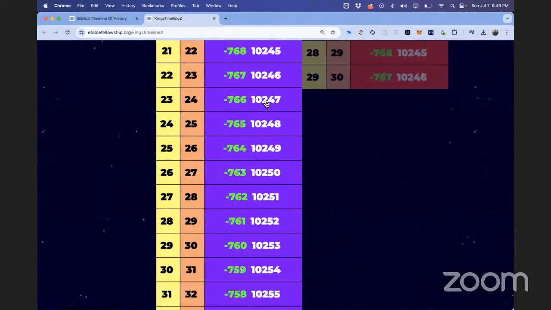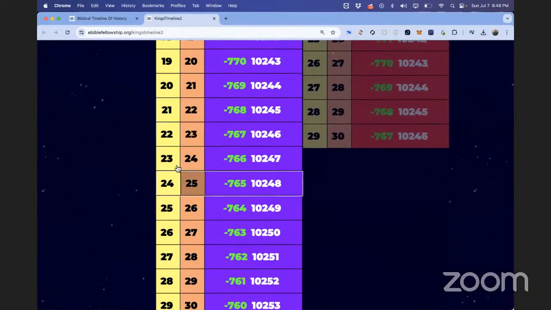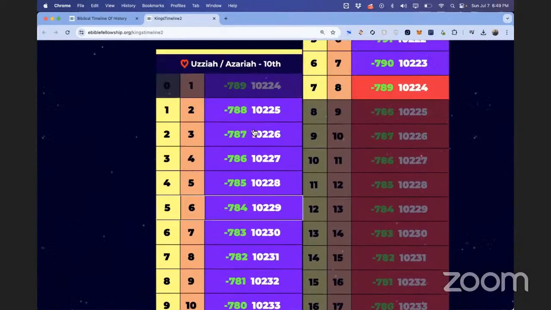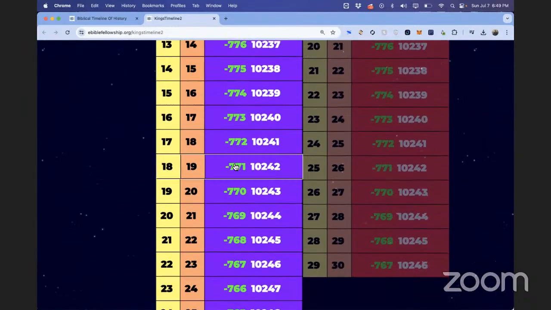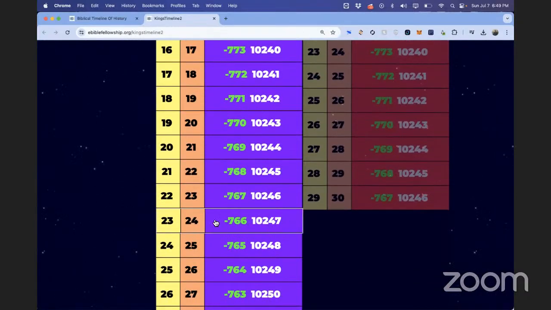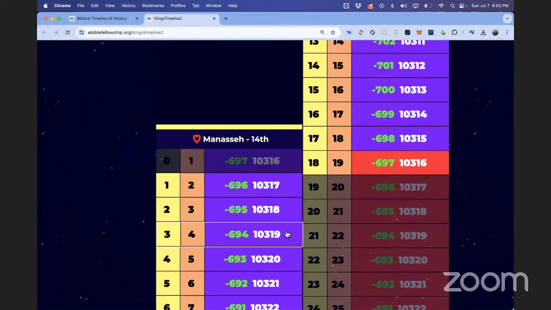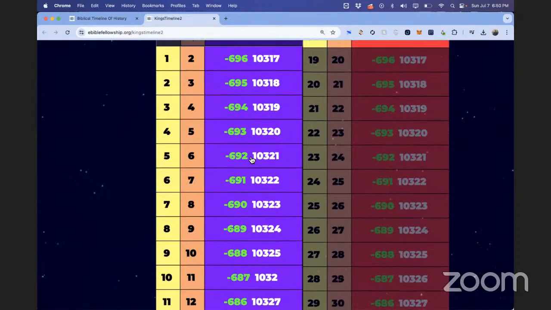If you scroll over, 766 is not when he begins to reign, because he began to reign up here. So what God means is when he began to reign as a sole ruler. So in this case, it's not referring to co-regency when it says he began to reign. It's referring to sole rulership. Whereas in the case of Manasseh, it would be when he actually began to reign, his first full year reigning as a co-regency, essentially.